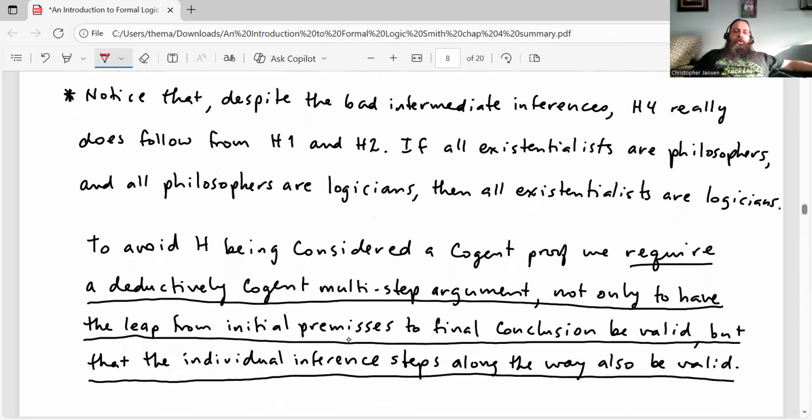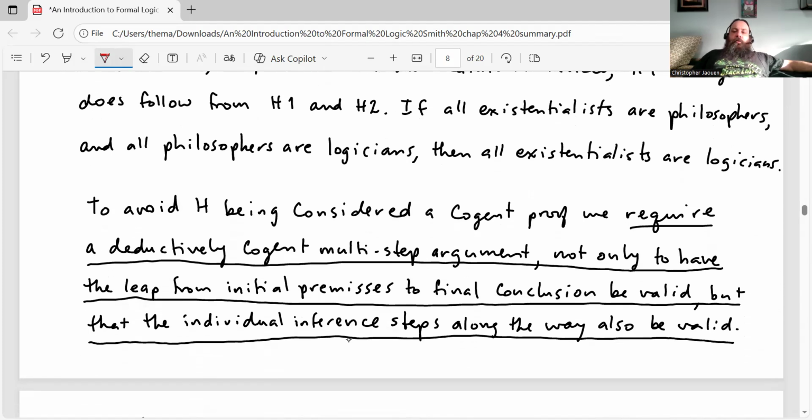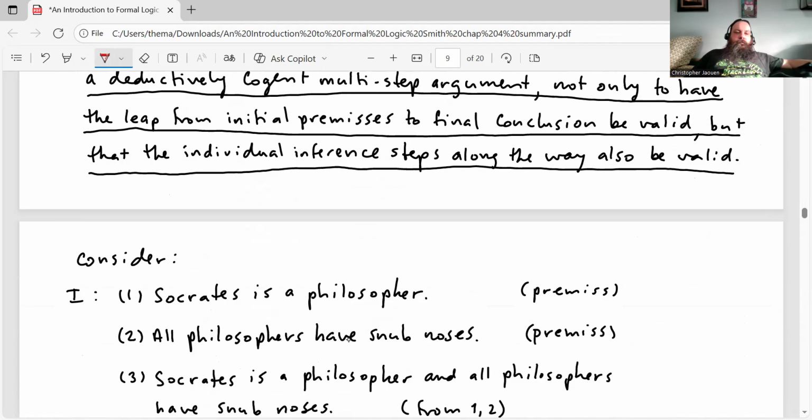Okay, to avoid H being considered a cogent proof, we require a deductively cogent multi-step argument not only to have the leap from initial premises to final conclusion be valid, but that the individual inference steps along the way also be valid. So you need not only the big inference step from premises to conclusion to be valid, but all the intermediate inferences have to be valid as well.